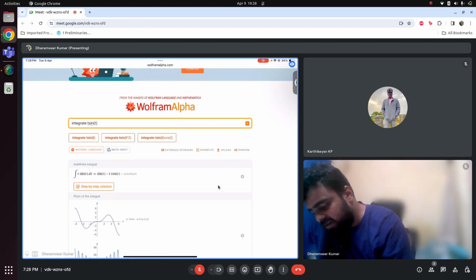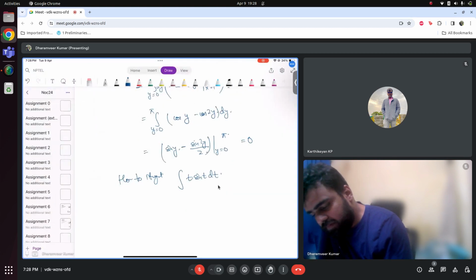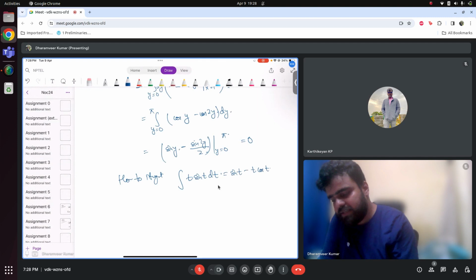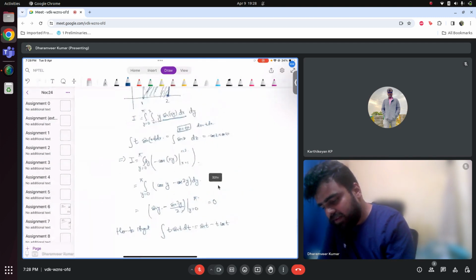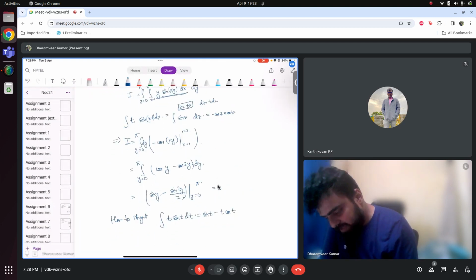Sin t minus t cos t. That is the definite integral, okay? So if you want to calculate this, right?